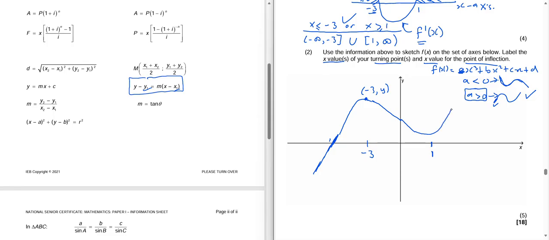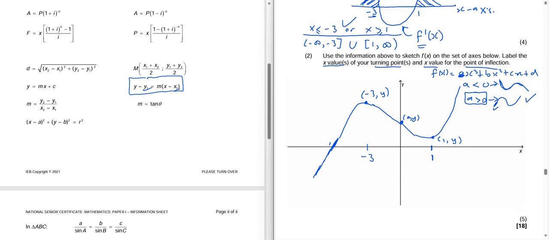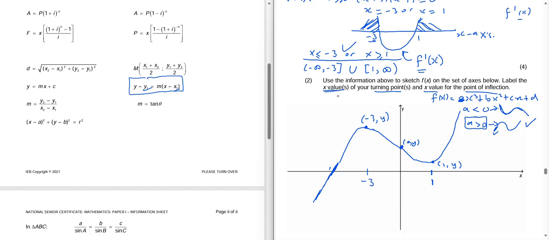That is the thing that you need to remember. So this is the structure, and this point is 1 comma y, and then we don't know the y coordinate, because we don't know the original function graph. But then we are not yet done, because it requested the x values of the turning points.